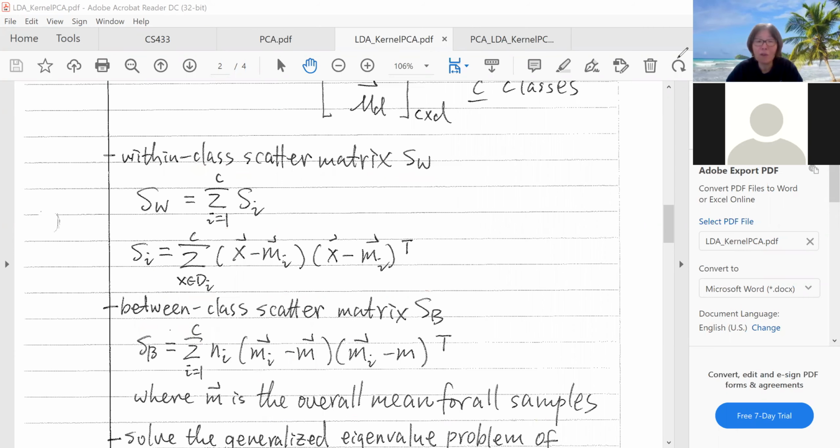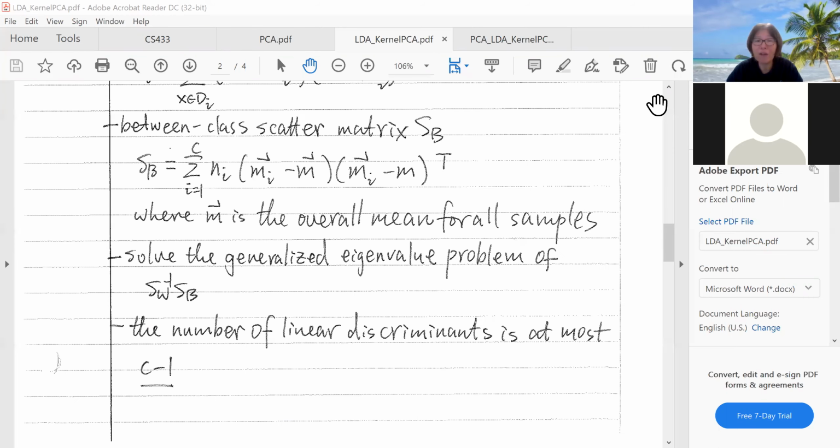Then what we need to do is solve the generalized eigenvalue problem for the inverse of SW times SB, the within-class and between-class matrices multiplied together.